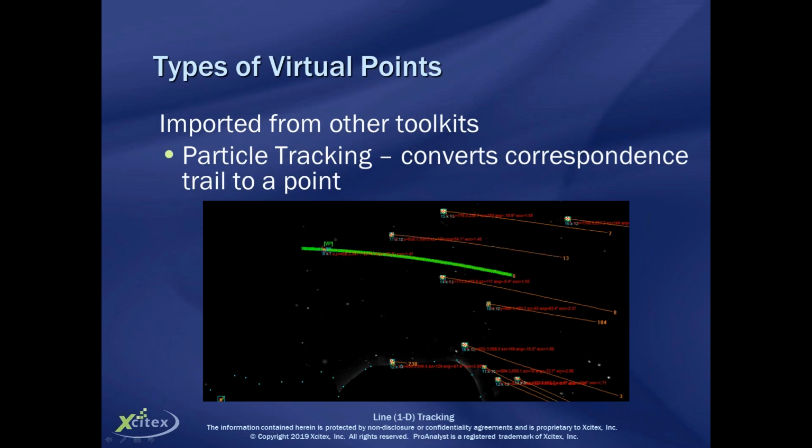This is an excellent way to bring in and very quickly analyze a lot of data. If you have a lot of fragmentation, you can convert all of the particle tracking points that you would be getting out of that fragmentation into virtual points and bring them into a 2D field.